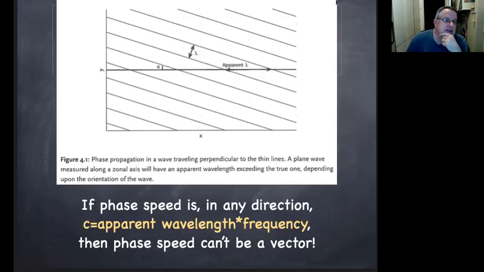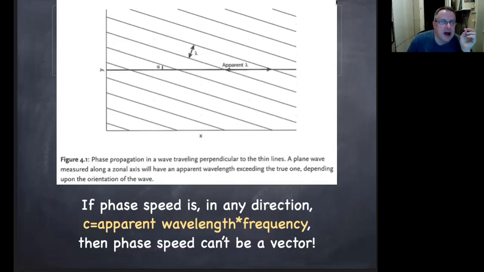Imagine if this is waves and they're propagating in this direction where lambda is. So every period, the wave crest propagates over that short distance lambda. But now here to the side where it says apparent lambda, over the same period, the wave crest there has actually traveled quite a bit farther. So the phase speed in this apparent lambda direction is actually larger than in the lambda direction.